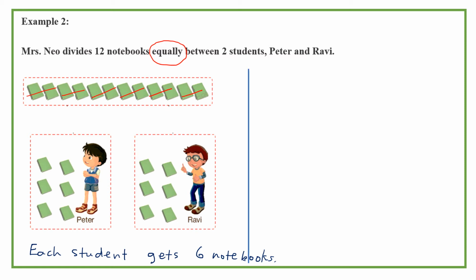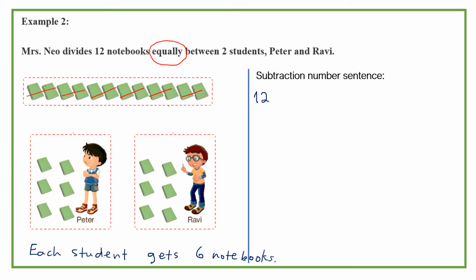Okay? Now, we can also show this in a subtraction number sentence. So, you see that we have got 12 notebooks.